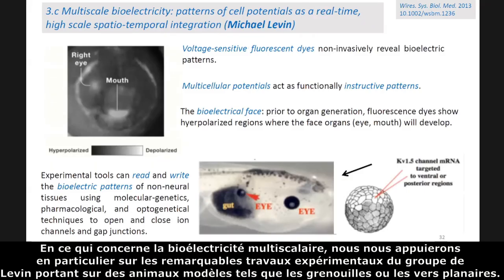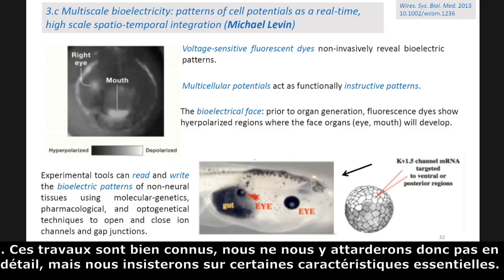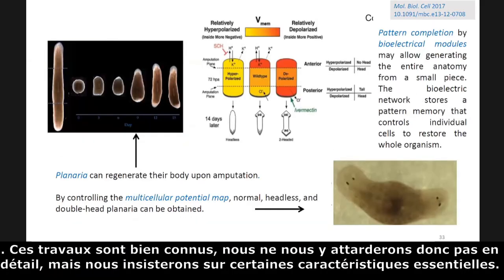Moving to the case of multi-scale bioelectricity, we will consider especially the excellent experimental work by Levin's group concerning model animals like frogs, for instance, or flatworms. This work is quite well known in the group, so we will not insist on it.